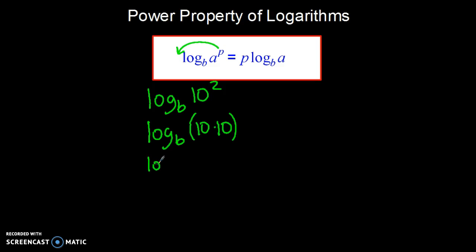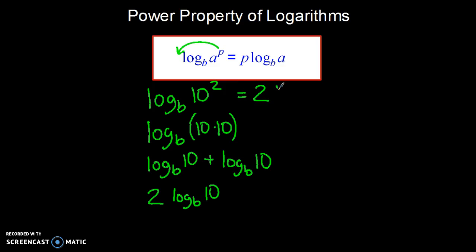So we can rewrite this as log base b of 10 plus log base b of 10. Now we have two log base b's of 10. So we have 2 times log base b of 10, which is exactly what the power property predicts we would get, right? It predicts that we would bring that 2 out front and get 2 log base b of 10. So they seem to agree, which is good.